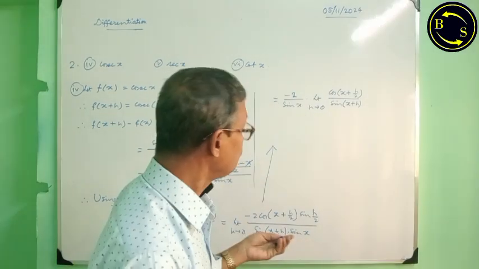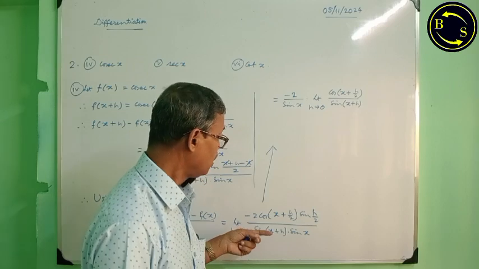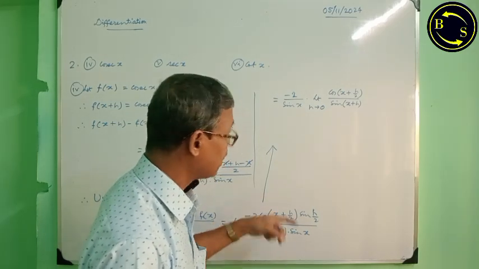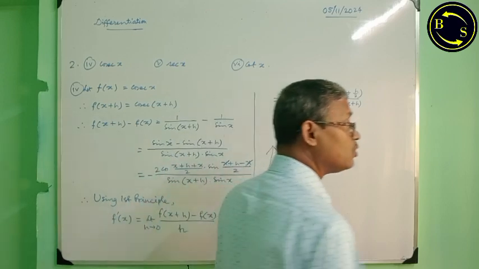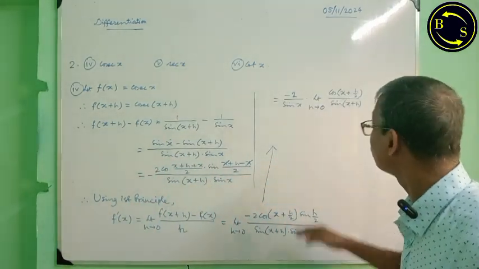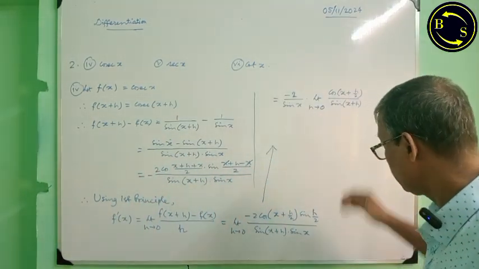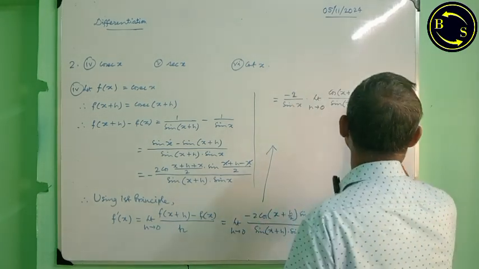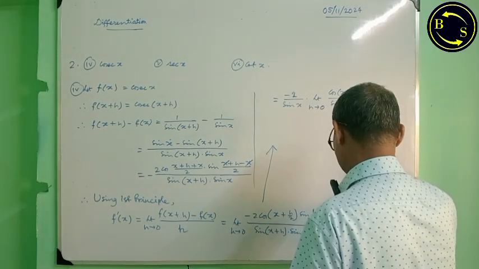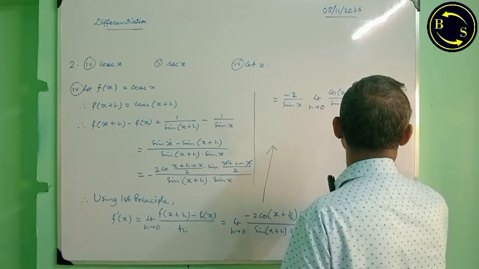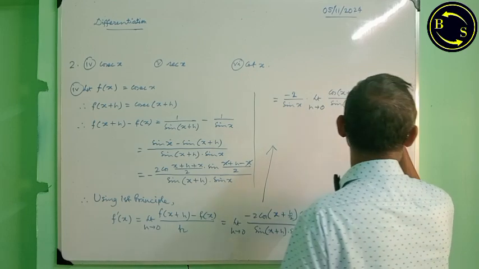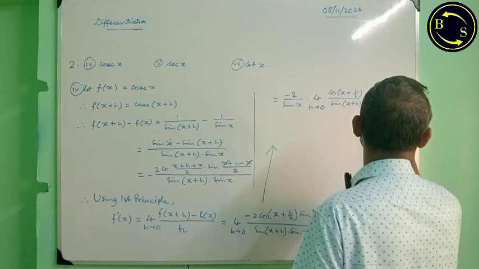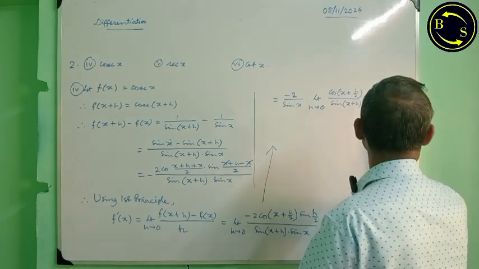Actually, putting h equal to 0, the fraction is not undefined, therefore I take this part together, and there is sine h into limit h tends to 0 sine h by 2.